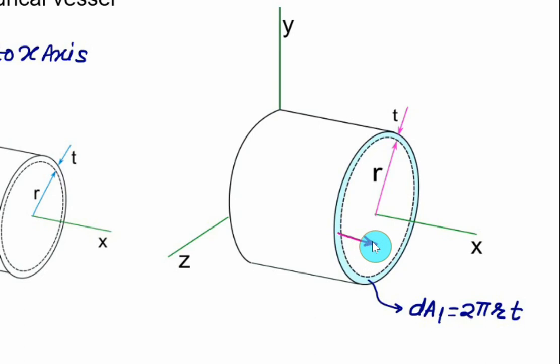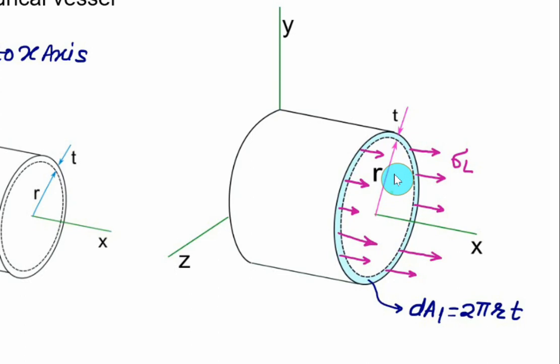This wall will offer a resistance, and all these stresses, as we have discussed in the case of a thin vessel, are of uniform magnitude. Uniform in the case of thin, but not uniform in the case of thick wall. Let's say the longitudinal stress is represented by sigma L.